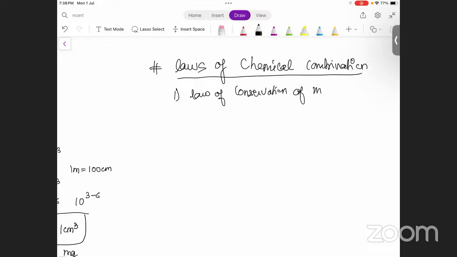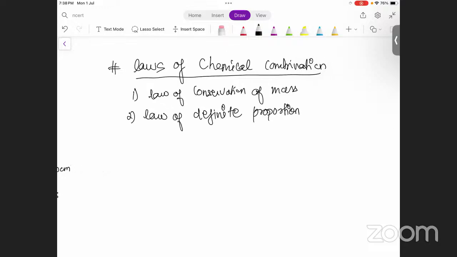Energy we will be learning in physics, so here we will be learning about the law of conservation of mass. After that, we will learn about the law of definite proportion. Then the third law is the law of multiple proportion.